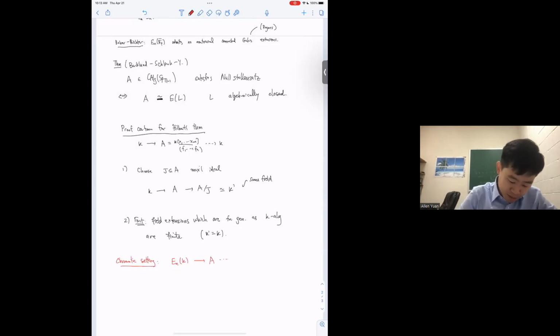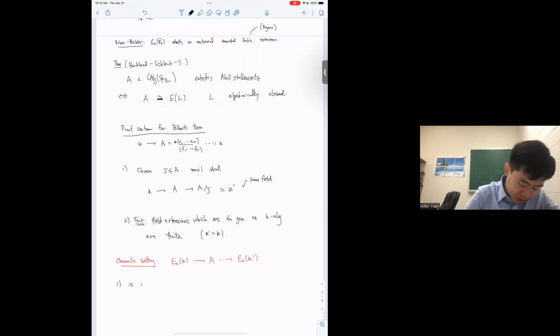But to do step one, you'd need to map that to some analog of a field. And so in this chromatic setting, it would correspond to making a map of rings, of E infinity rings, to some E_n of K prime. And that's sort of not immediate.